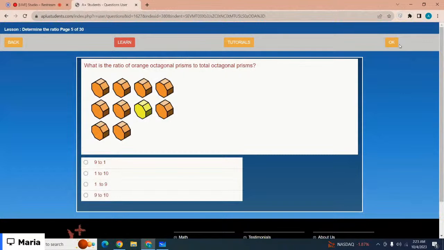What is the ratio of the orange octagonal prisms to total octagonal prisms? So which is the correct option?